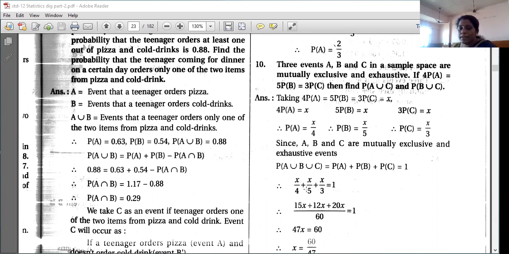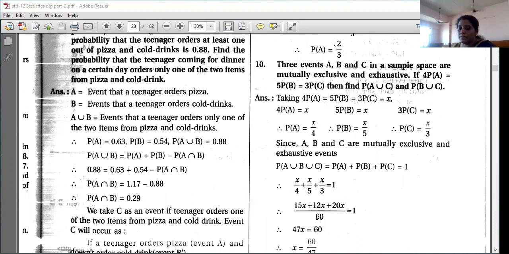Now what you have to find is P of A union B union C equal to P of A plus P of B plus P of C equal to 1. That is X by 4 plus X by 5 plus X by 3 equal to 1. Okay, so what you have to do, you have to take the LCM and make the denominator equal.